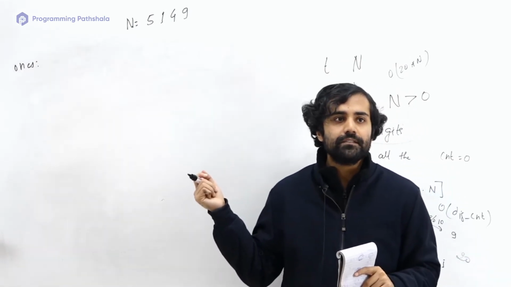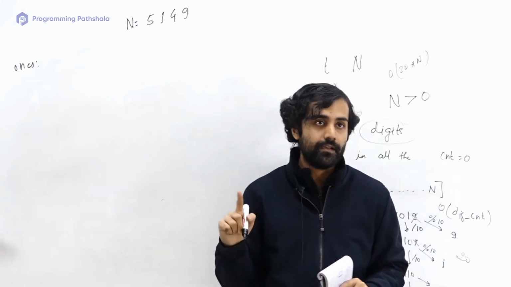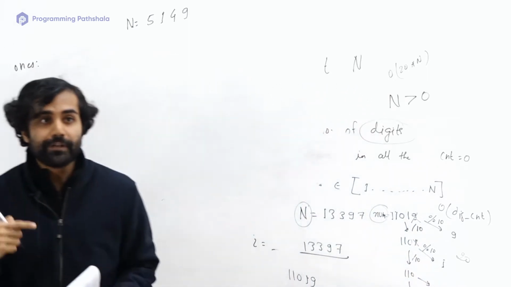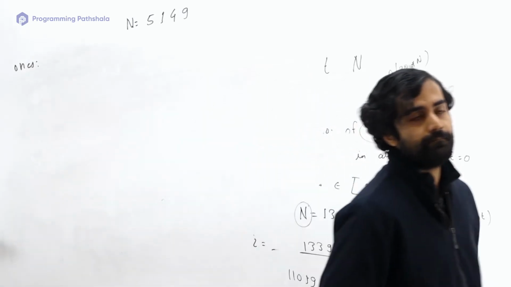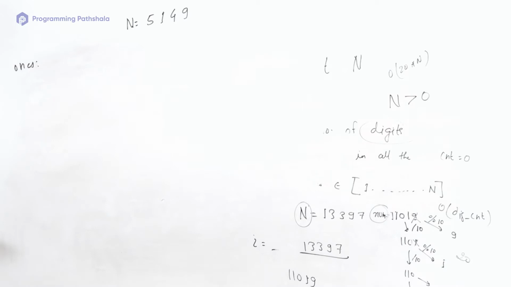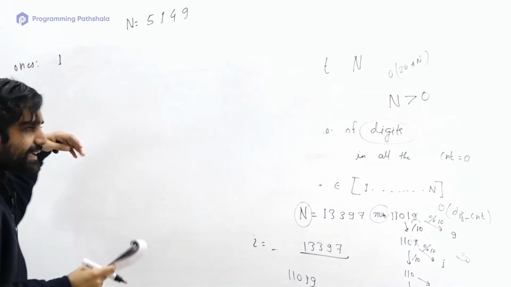Can you tell me the smallest number whose one's place value is 1? Yeah, that is 1 itself, right? Okay, next higher.